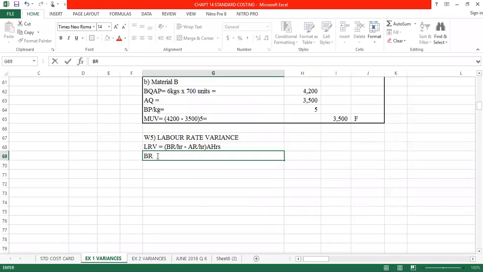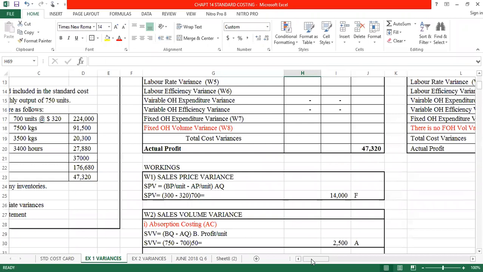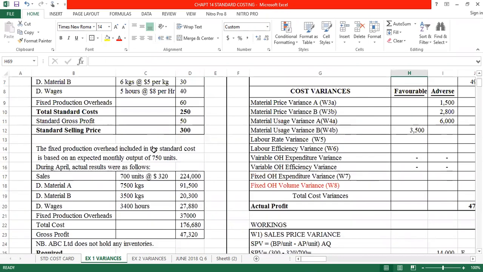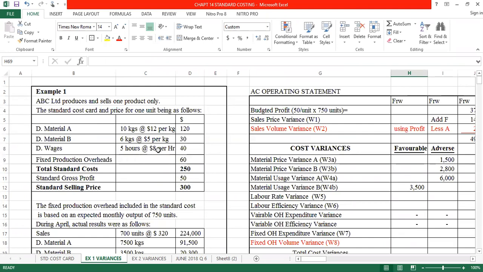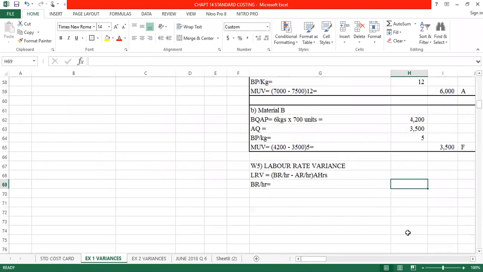So what is budgeted rate per hour? I think this one we were given. Let's check. Were we given labor rate? Yes, 8 per hour. You can see that is 8 per hour.